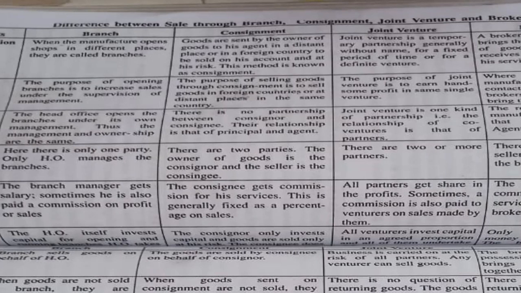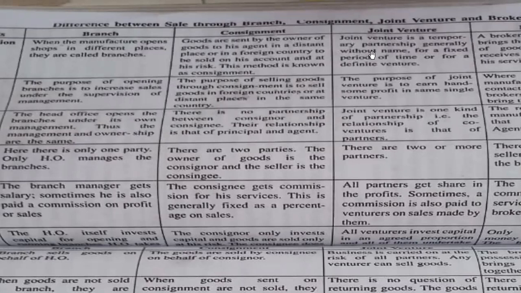This method is known as consignment. Means the owner of the goods is sending the goods for sale. The whole responsibility of the goods is of the owner, and the consignee is just doing the sale on behalf of the owner, and he is getting the commission.